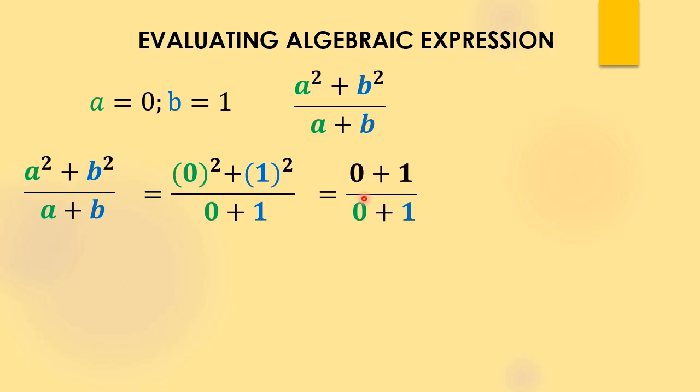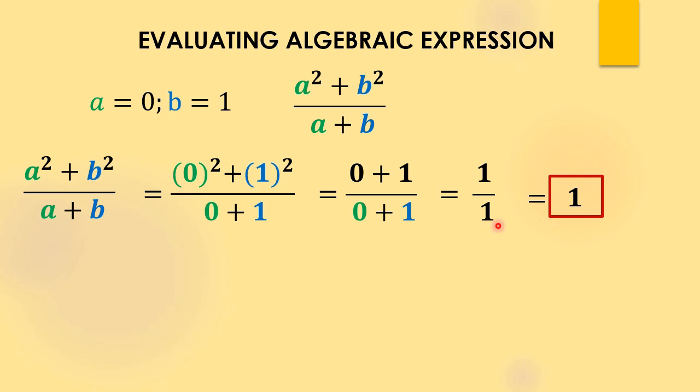The square of 1 is 1 times 1, which will give us 1. And then 0 plus 1, the sum of 0 and 1, will give us 1. So 1 divided by 1, the value of our expression will be equal to 1.